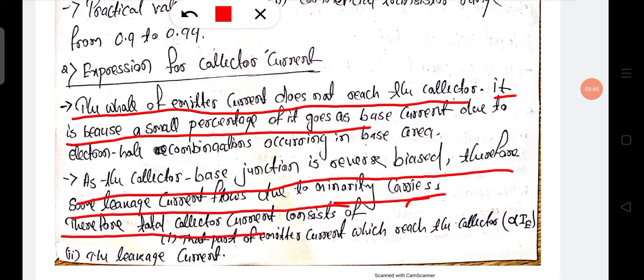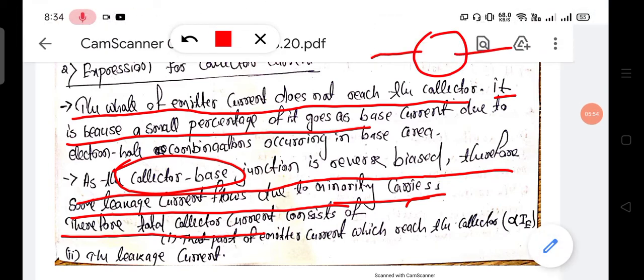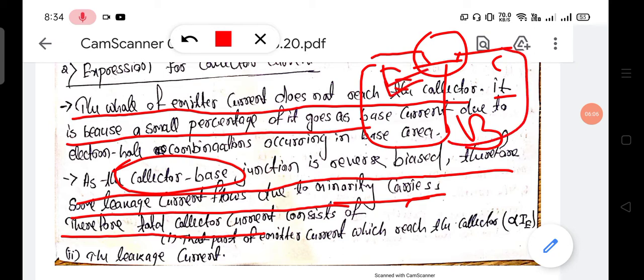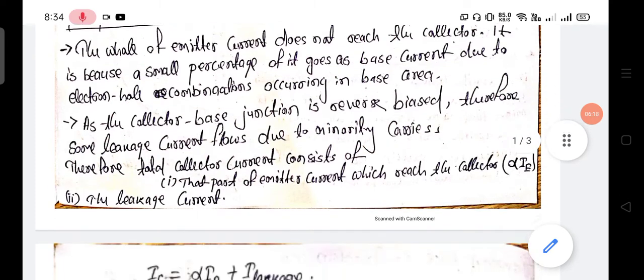In the transistor, the emitter-base junction is forward biased, but the collector-base junction is always reverse biased, so a current flows due to minority charge. That is called leakage current.